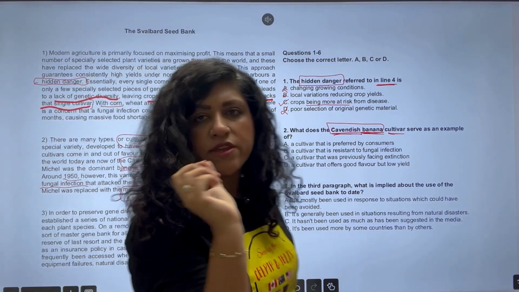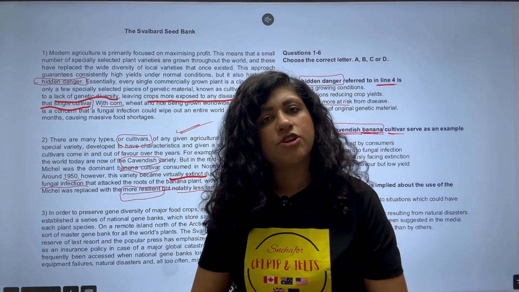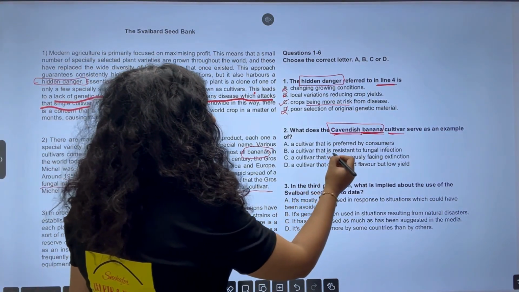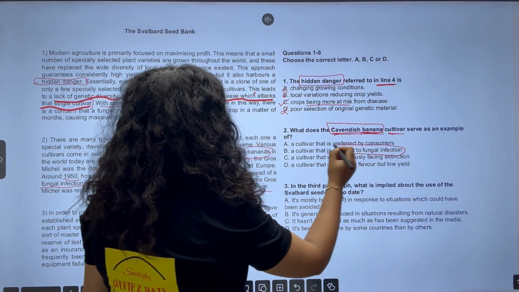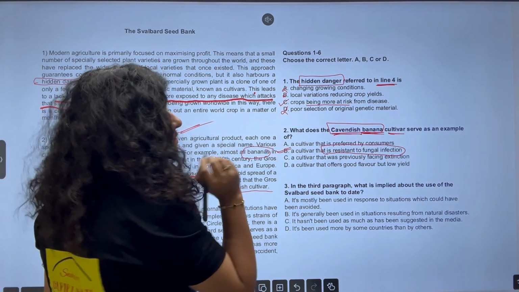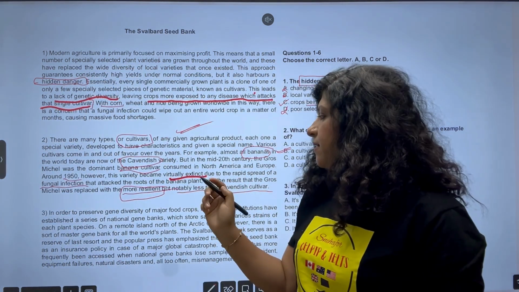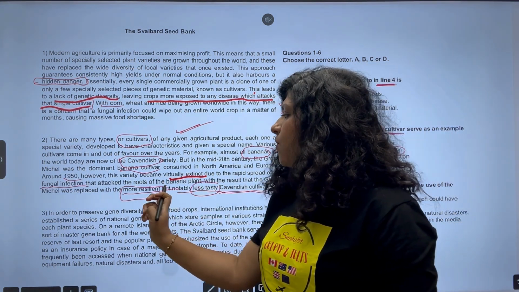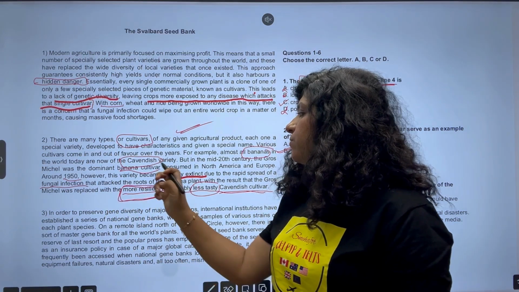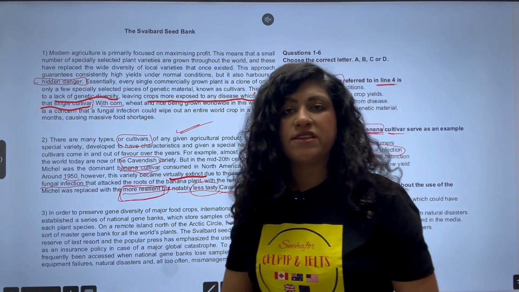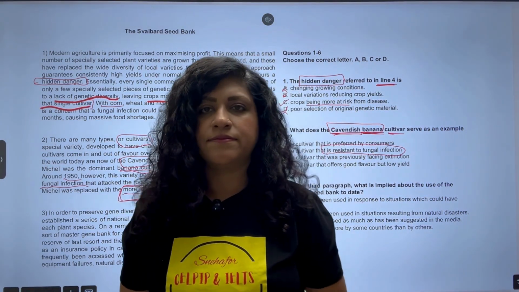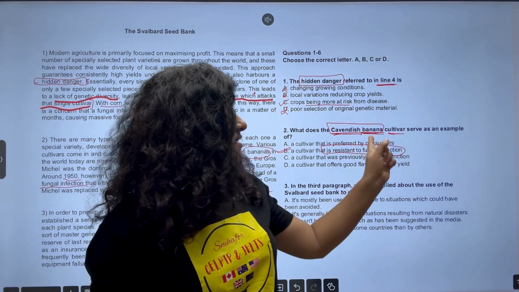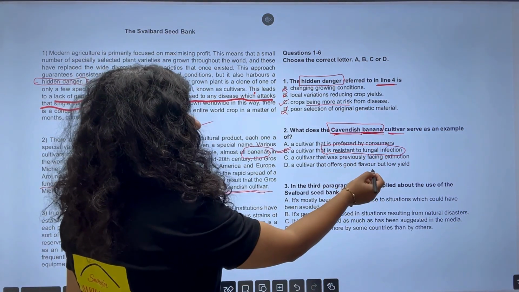According to the text, what is true about the Cavendish cultivar? It is resistant to fungal infection. This will be my correct answer. Why? It clearly says the Cavendish cultivar was less tasty but more resilient as compared to the earlier one that was facing risks because of fungal infection. So can you say Cavendish banana offers a good flavor?